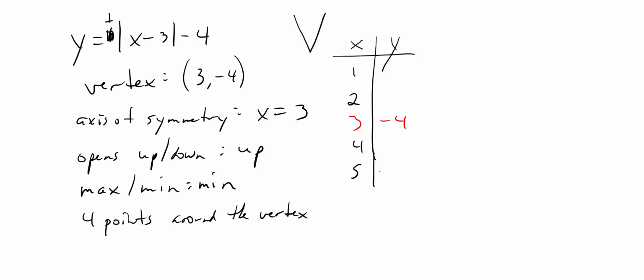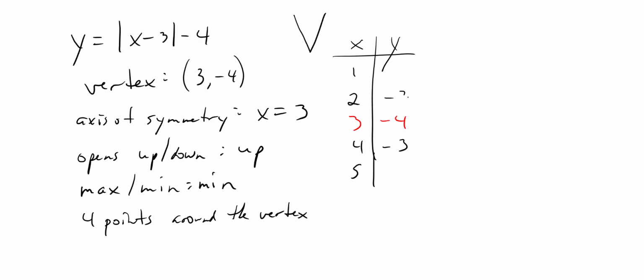Just remember, absolute value means distance from 0, and it always makes the result positive. So if I put a 4 in here, 4 minus 3 is 1. Absolute value of 1 is 1. 1 minus 4 is negative 3.